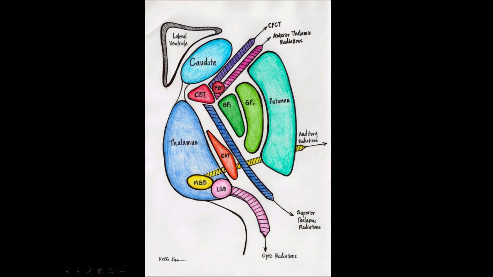So remember, the corticospinal tract is in the posterior limb of the internal capsule. This is our descending classic upper motor neuron pathway, but right adjacent to it are the superior thalamic radiations. All of that information from the spinothalamic tract and the medial lemniscus that synapsed in the VPL and VPM is now going up to the postcentral gyrus through the superior thalamic radiations.